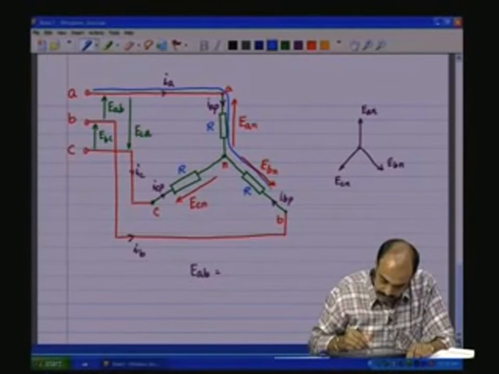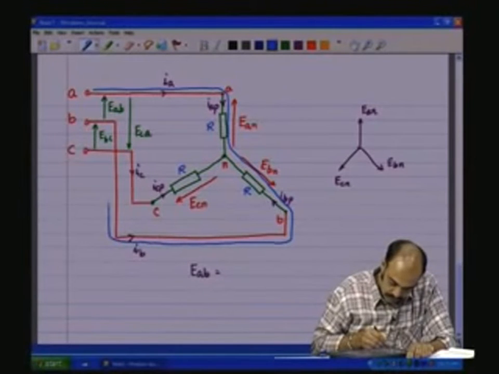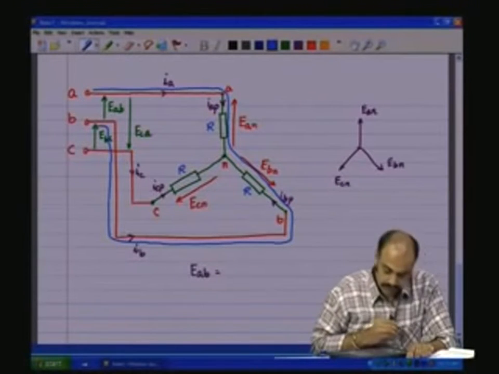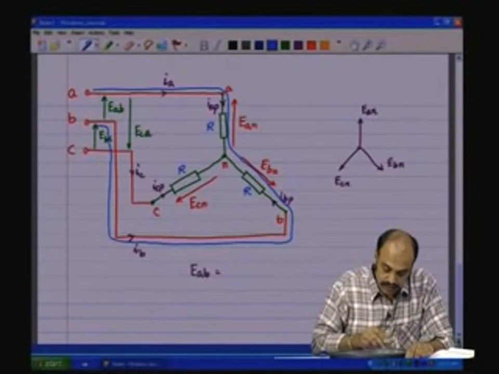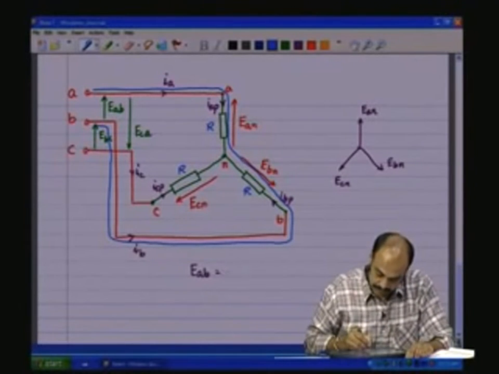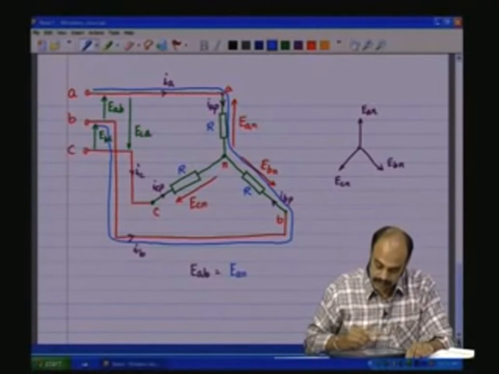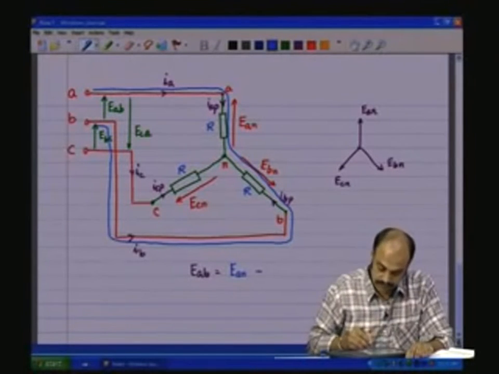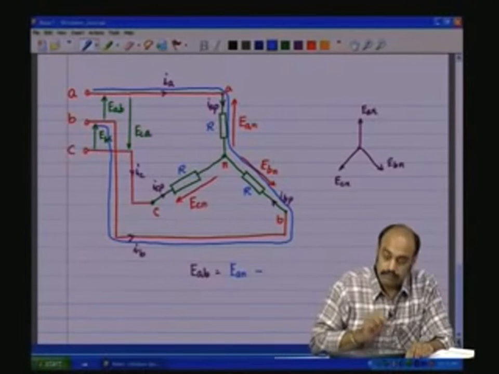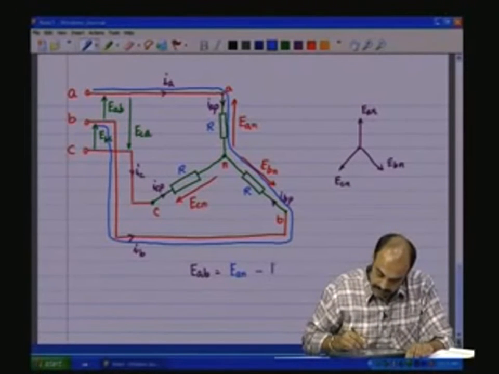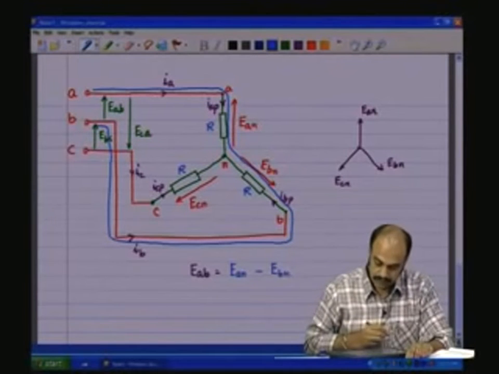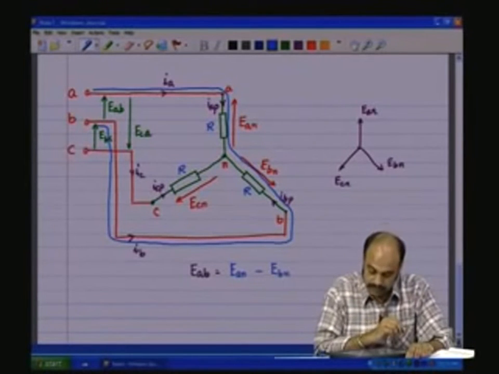Look at this portion of the circuit, we shall apply Kirchhoff's voltage law for this portion of the circuit. So, for this loop, okay. For this loop EAB is equal to EAN minus, you see EAN is opposing EAB, minus EBN according to the directions that we have assumed.